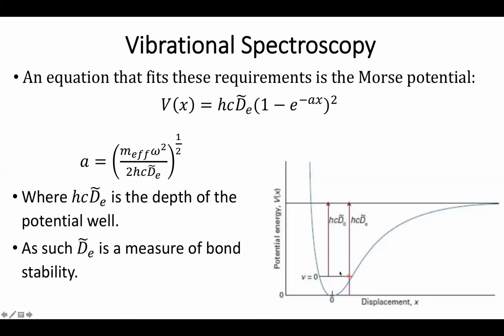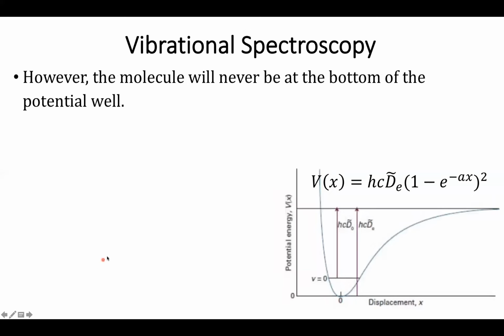However, one of the things that's important to note is that, while D_e is a measure of bond stability, it isn't actually the bond dissociation energy. And the reason why is because our molecule will never be present at the bottom of the well. Remember, our system is always vibrating, which means we always have a ground state energy that we need to acknowledge.